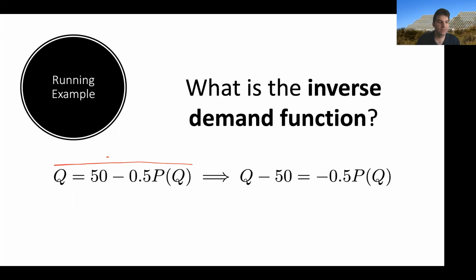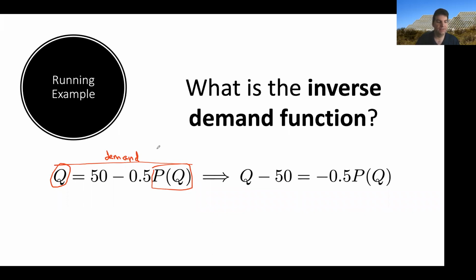What I did here is I swapped where the function and the variable lived. This used to be Q of P, and I turned it into a Q variable. This used to just be P, and I turned it into a P of Q function. And now I just need to solve for P of Q, and that will give me my inverse demand function.